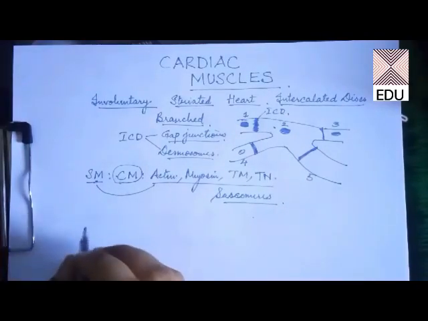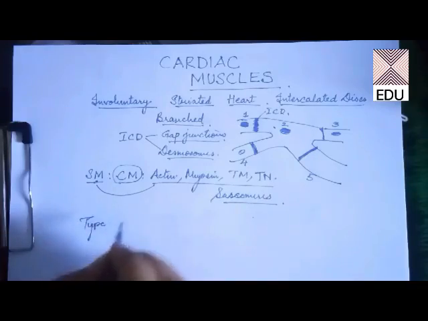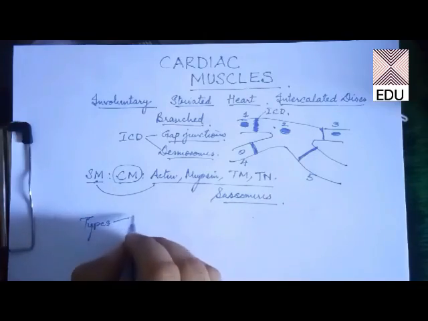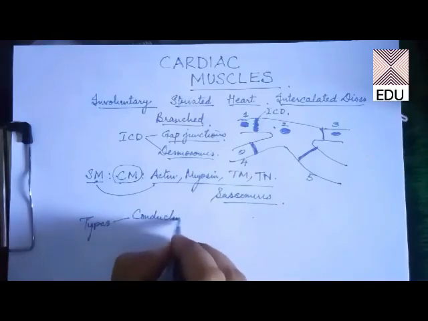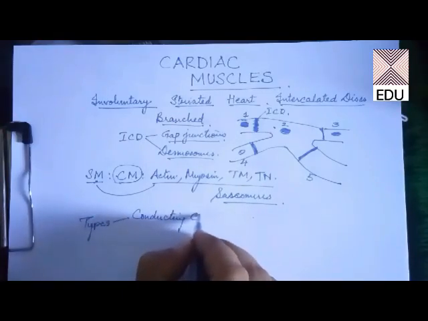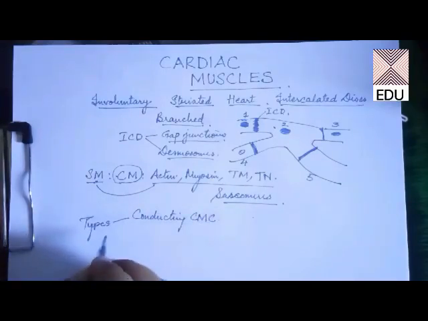Now, cardiac muscles are basically of two types. First type is the conducting cardiac muscle cells. So these are the muscle cells which are present, I think, in less than 1% of the total cardiac cells.